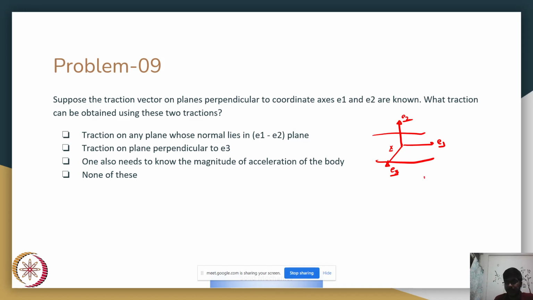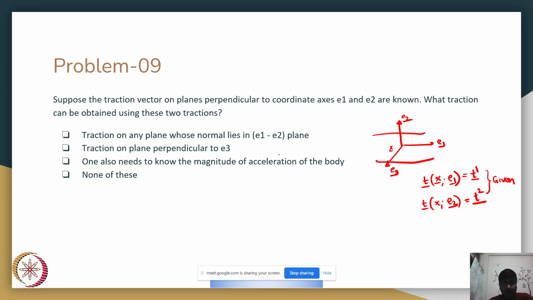What they are giving is T at X with a plane normal to vector E1, suppose this is given as T1. Similarly, T at X with normal E2 is given as T2. Correct? So these two values are given, and then we are asked what sort of tractions can we obtain using these two values.